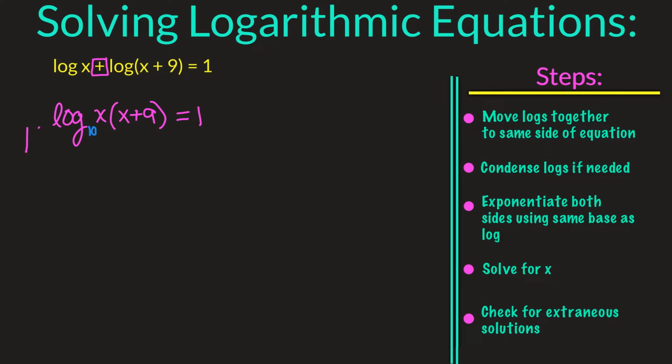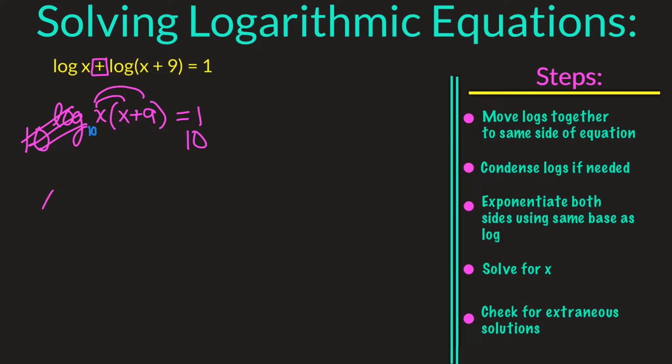So we're going to do 10 to the power of that on the left, and then 10 to the first power on the right. When you do that, the 10 and the log base 10 cancel. So we just have x times x plus 9. Now I'm going to go ahead and distribute that.